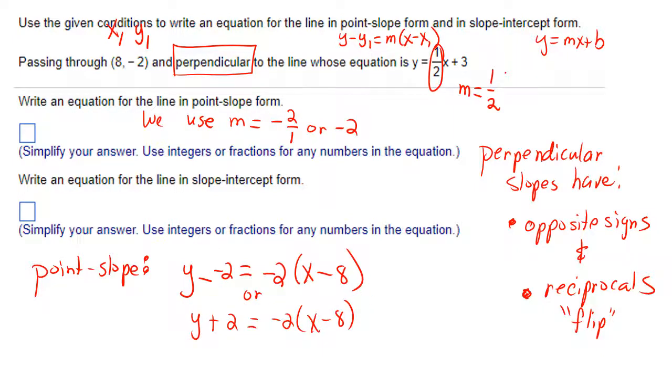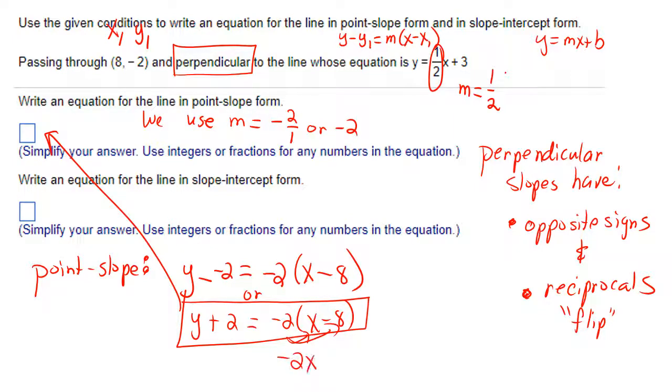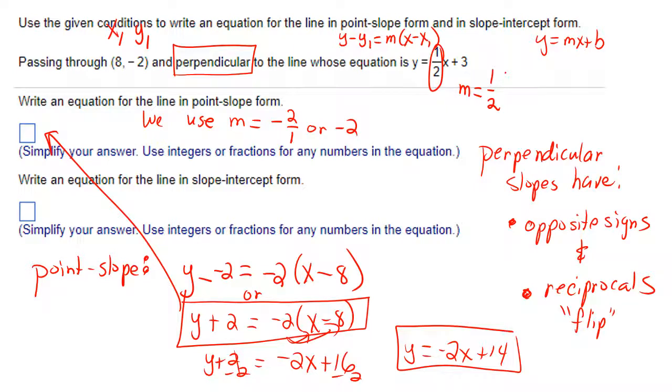That would be my first answer. Now, for the second answer, we do simplify, so I use a distributive property, and I get -2x plus 16, and then I subtract 2 on both sides, and I get y equals -2x plus 14. This second answer goes for the slope intercept.